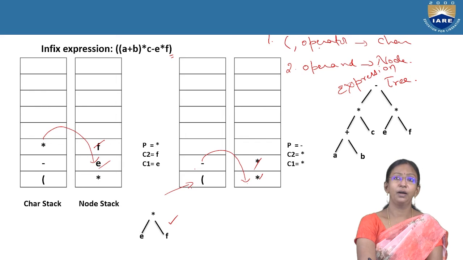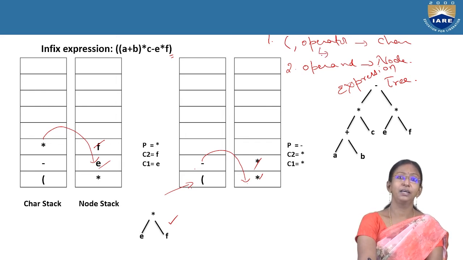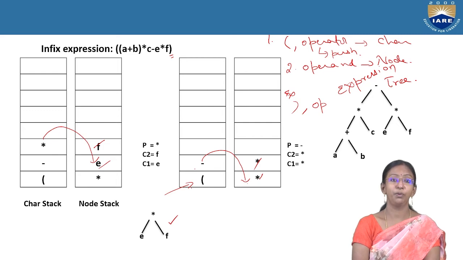One more point. If you encounter an operator which has higher priority than the existing element on top of the character stack, you can push it. Then the exit case, or the expression construction case, will be whenever you encounter a closing bracket or an operator whose precedence is not greater than the element on top of the stack.